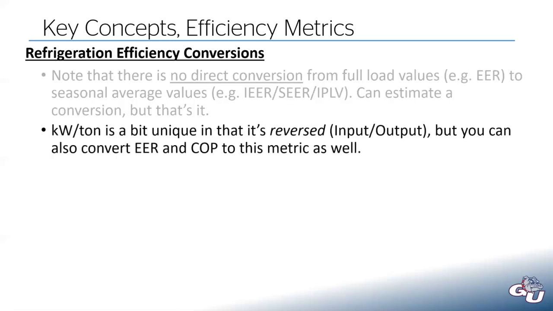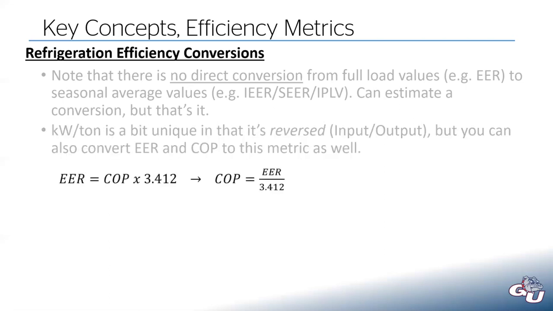kW per ton, again, a little unique, but we still can convert kW per ton to EER and COP. The first time I taught this class, I ran through the derivations for how these are determined, and the reaction wasn't great. So I'm just giving you these.